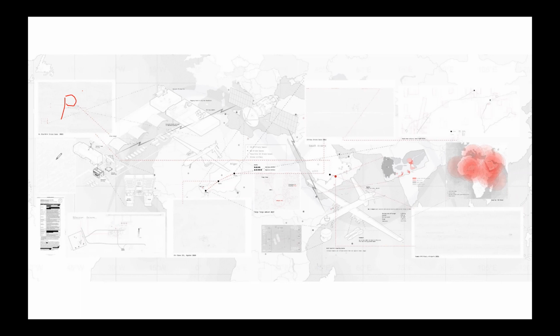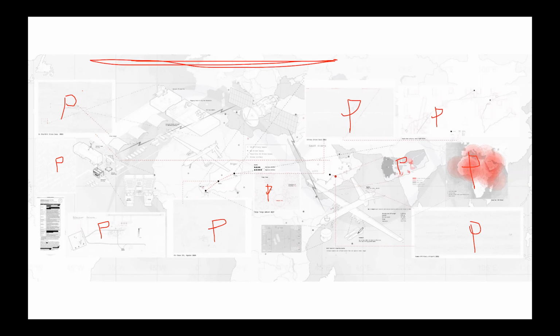So you have a plan here. You have another plan, diagrammatic plans, so many plans. And then you have this base plan in the back that you can see, right? And then you have this kind of ISO here.